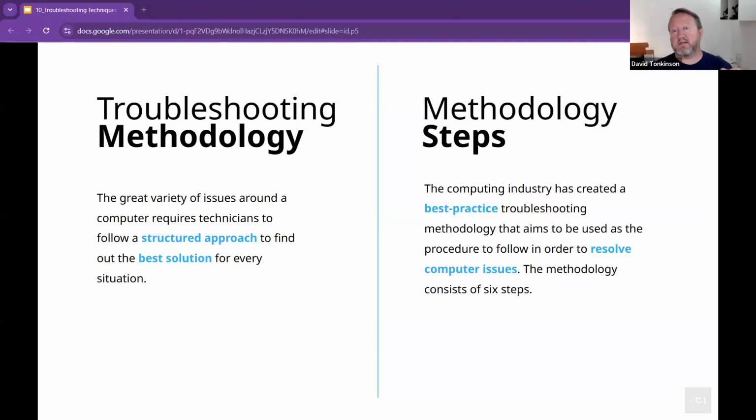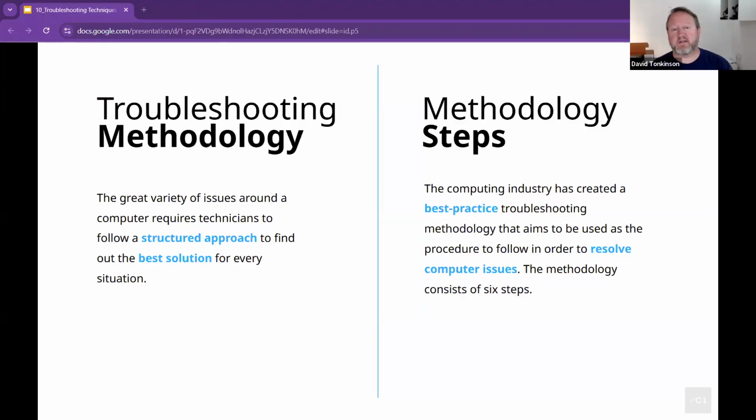You can literally take these steps and push them across the board. If you have problems with your car, or problems with a window shutting, or problems with your toilet overflowing, we can build around that, and we can use the same steps to do it. This allows us to do a structured approach for the same types of issues, and come out with some good solutions, the best solutions possible for that.